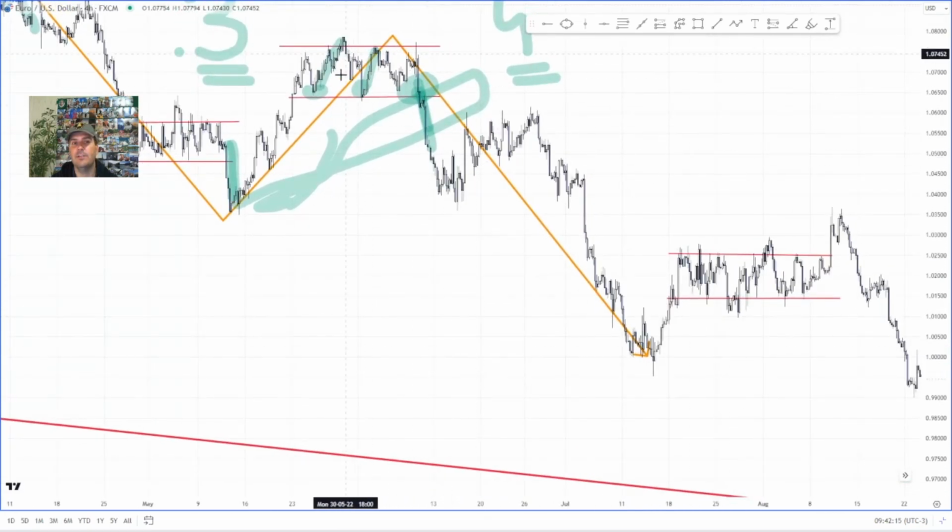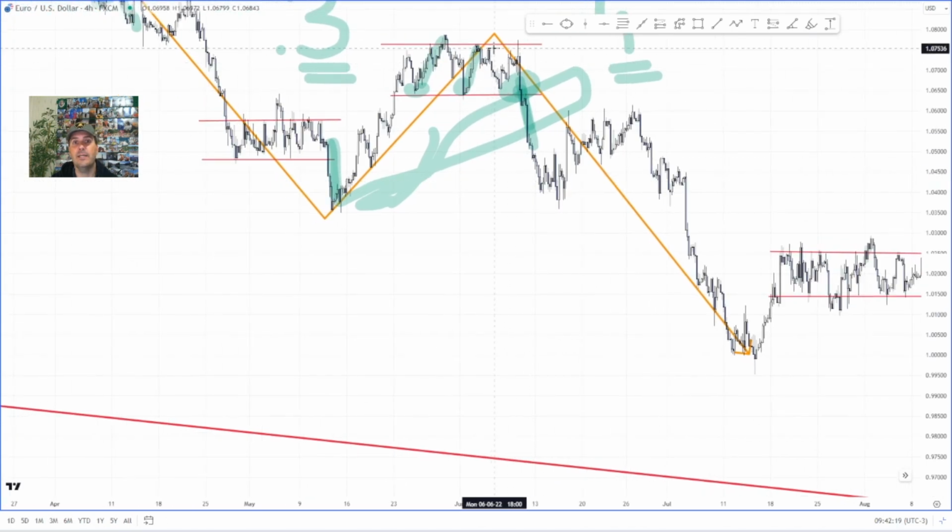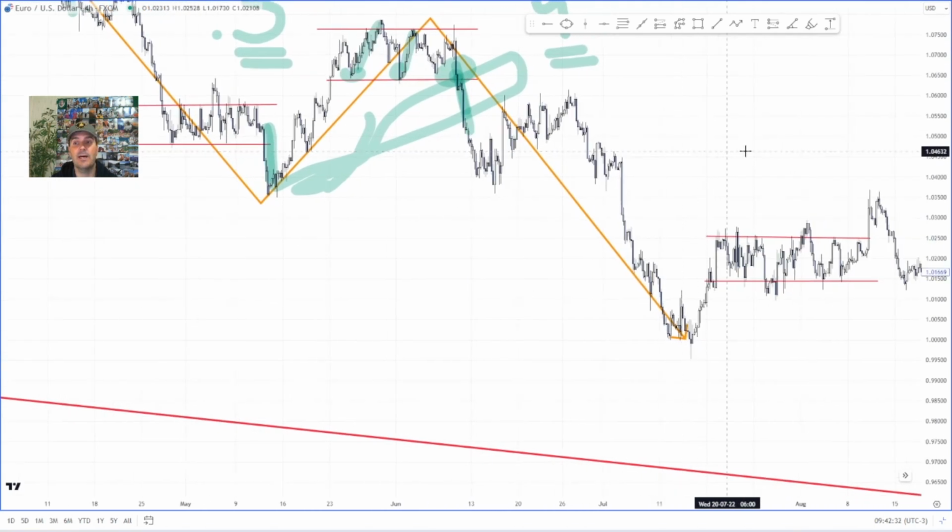Can you see everybody in here? Consolidation was a part of the trend. The market was making higher highs, higher lows, went into consolidation, stopped making higher highs, higher lows, and started to go down into the next extension, because we are in a downtrend, right?